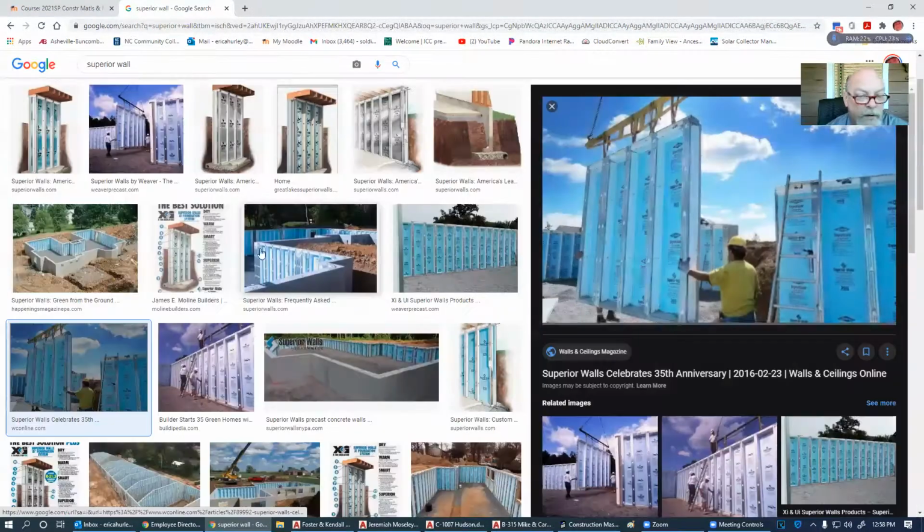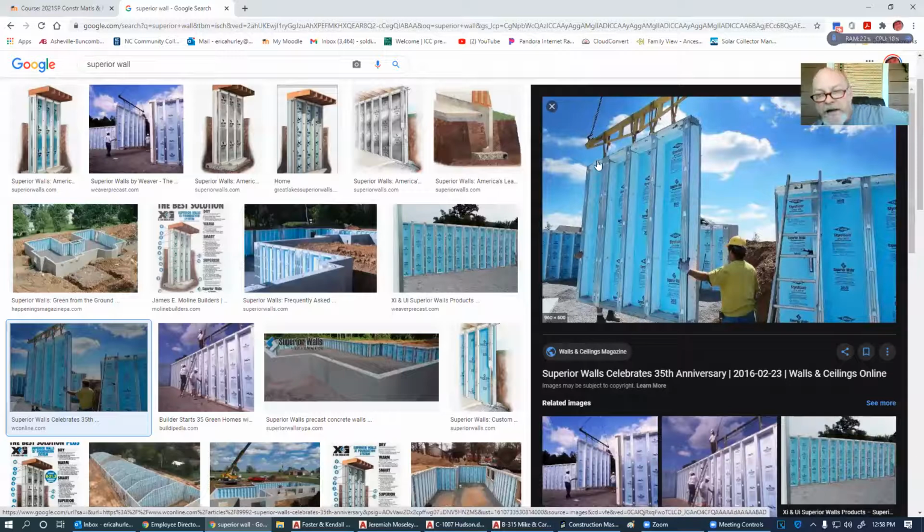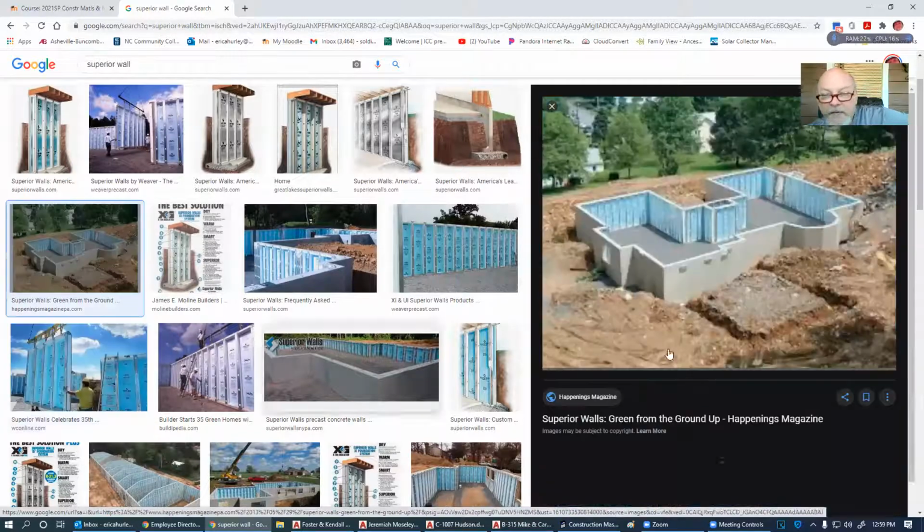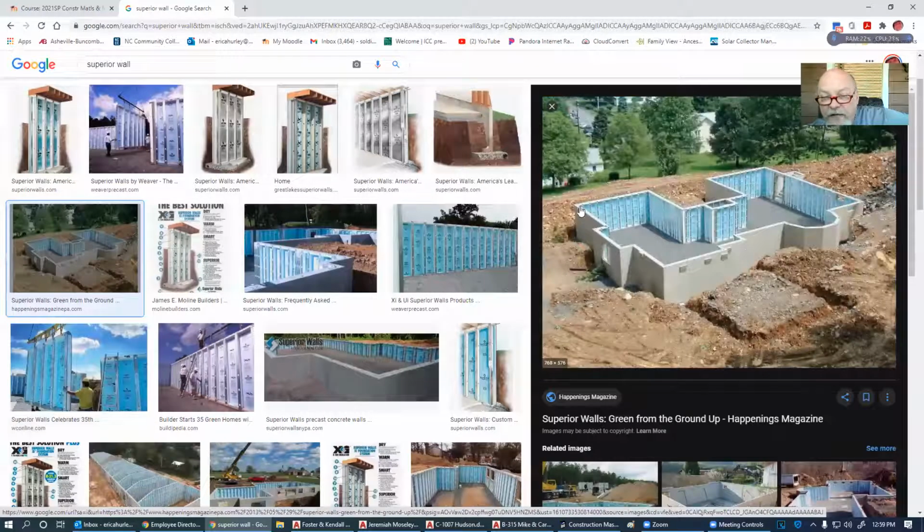These are made in a factory in pristine conditions, and we're going to talk about pristine concrete and how to get it. So these can be used. This foundation, believe it or not, can be erected in less than a day. If they get started about 8 o'clock, they're probably walking away maybe 1 or 2 o'clock with a done deal. So this is the new way of going.